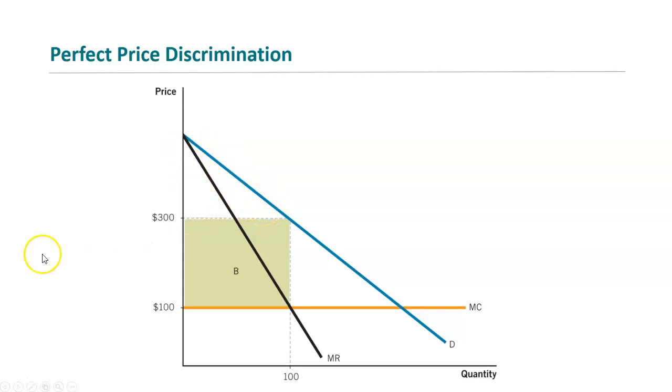For the first 99 customers, because the 100th customer is the one who's willing to pay 300, you'd be charging them their highest willingness to pay, which is something greater than 300. And you'd earn all of that extra revenue off of them, right?